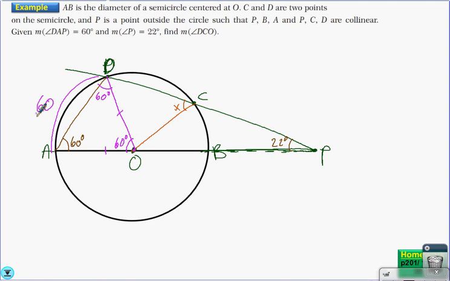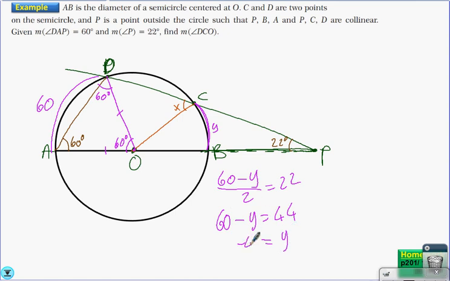So look at that. With this 60 and 22, I can combine them. So 60 minus this place, let's name it with another letter y. 60 minus y over 2 should be 22. From here, I get that 2 times 22 will be 44. I don't like minus y. I want to make it plus y, and minus 44 will be there.